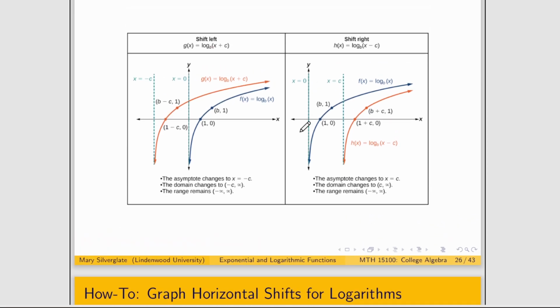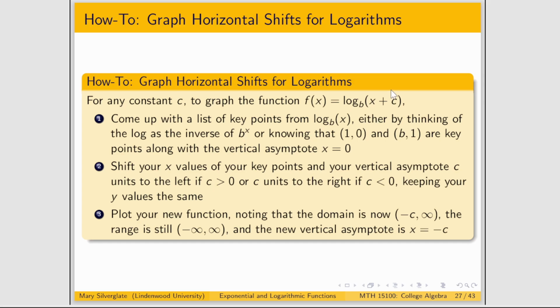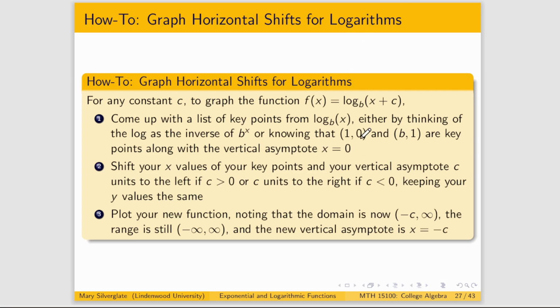I can also use my knowledge of transformations to graph logs as well, so let's think through some of those. In particular, the most consequential one will be any sort of left-right shifts, and those are going to shift the x values. Just like with any horizontal shift, you're always shifting in the opposite sign.